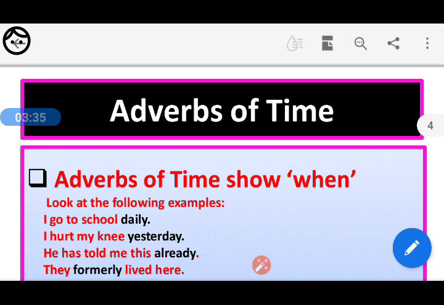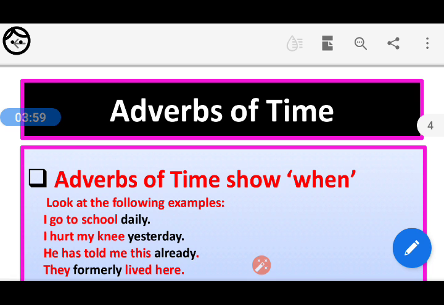Adverbs of time show when. The word when is signified by the adverbs of time. Now look at the following examples. I go to school daily. I hurt my knee yesterday. He has told me this already.